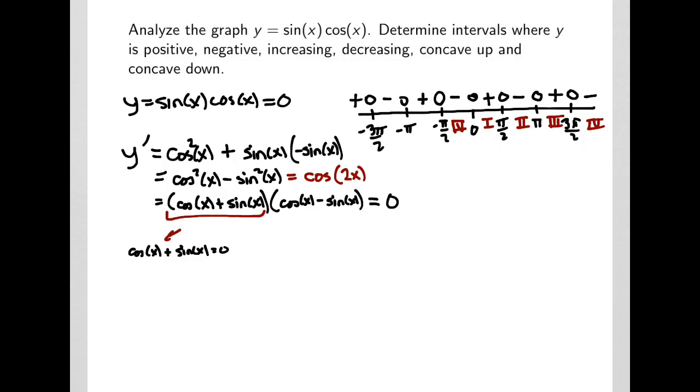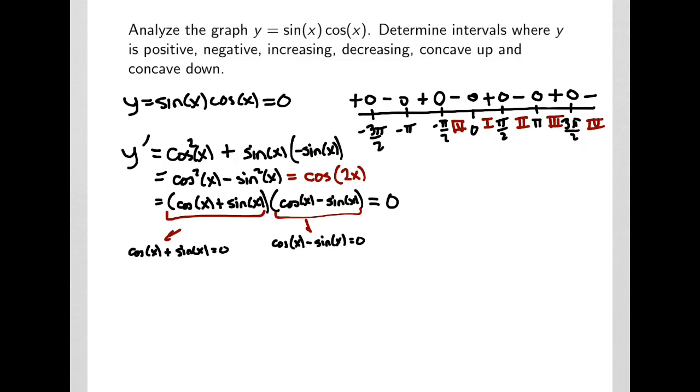Or we could have from our second factor that the cosine of x minus the sine of x might equal 0. And this is the advantage of having a factored formula equals 0, because the product of 2 numbers can equal 0 only if at least one of the factors equals 0.